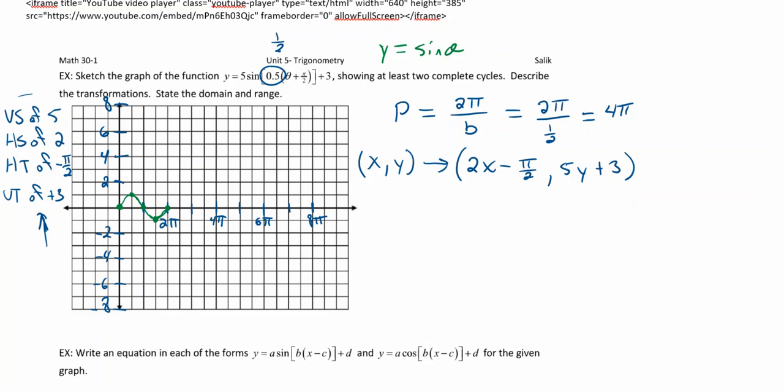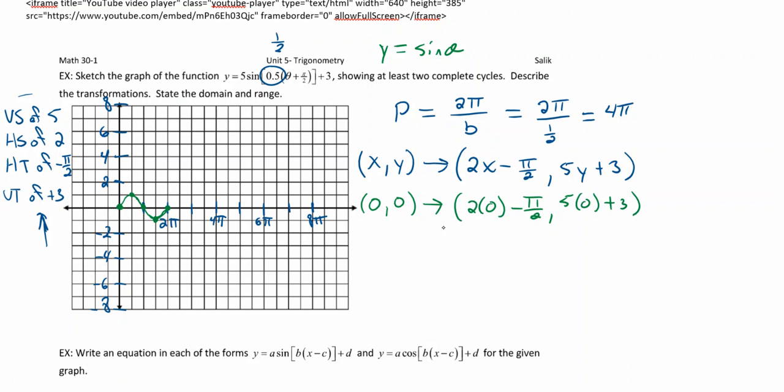Okay, well actually it will move this time, because this time we actually have some translations happening. So let's see. We've got the point 0, 0. Where is this one going to go? So this would be 2 times 0 minus pi over 2, comma 5 times 0 plus 3.